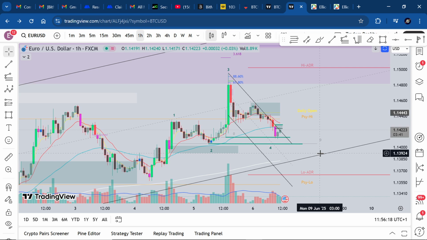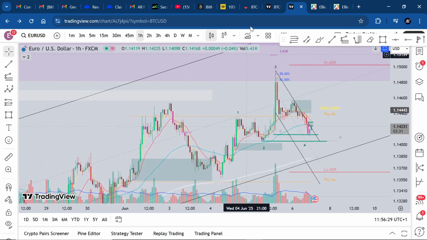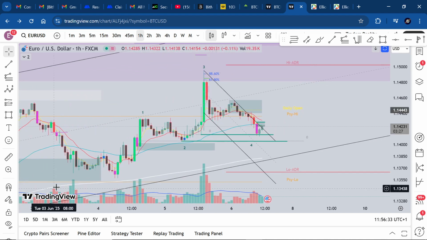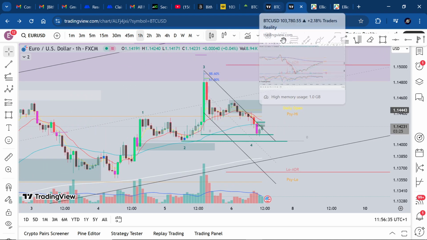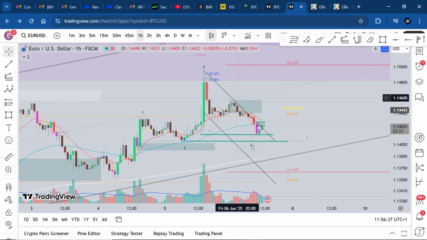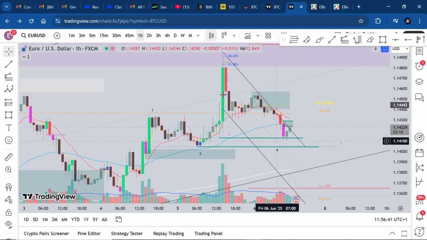The move down, another reason why I'm at least bullish for now, is we've had a move up, closed above structure. You can count this as a 3. We're in bullish structure, and price has come down as a zigzag. This is a 1, 2, 3 in a zigzag, a 5, a 3, and a 5.